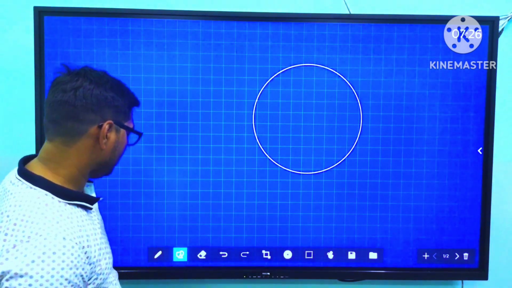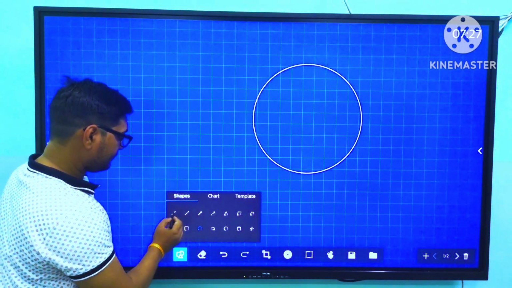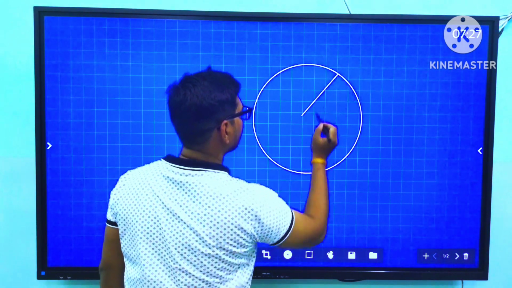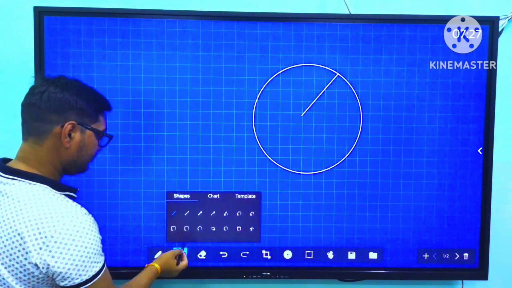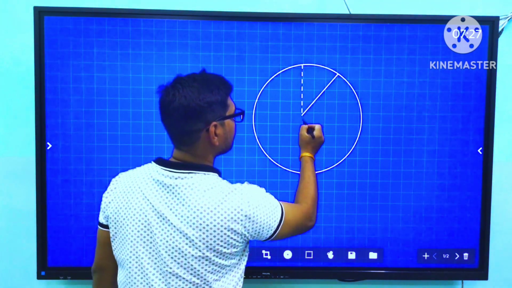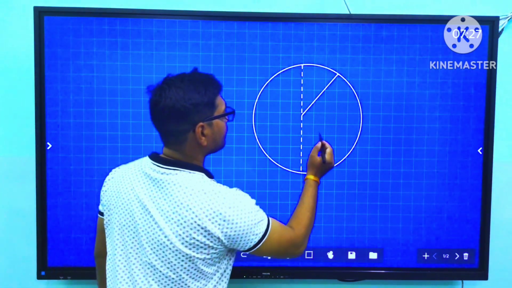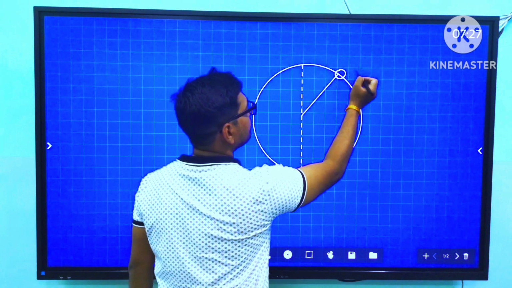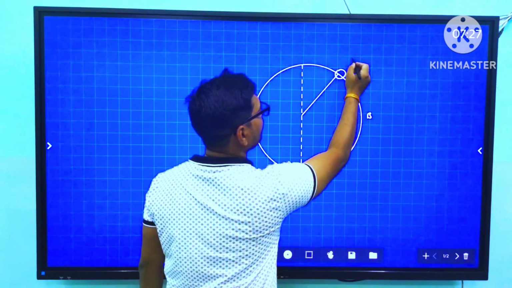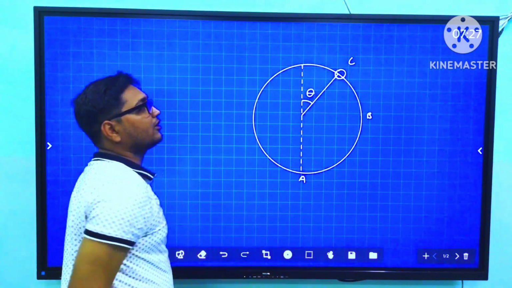This was the circular path. This was A, this point was B, and this is point C. At point C, the string is making angle theta with the vertical.